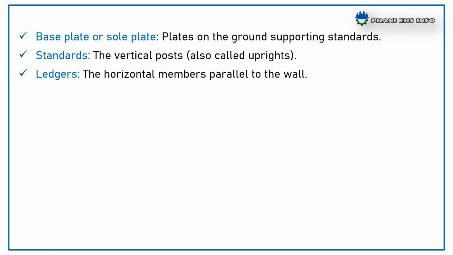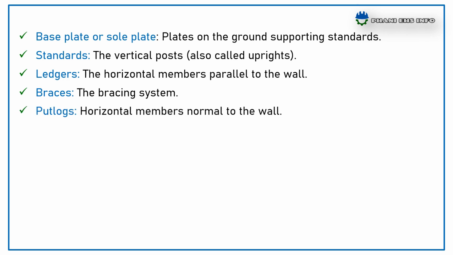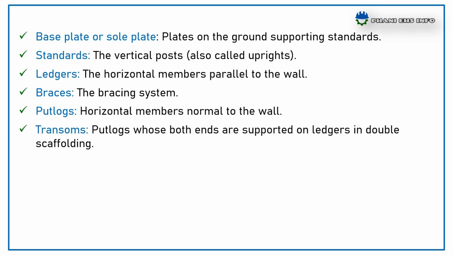Ledger, the horizontal members parallel to the wall. Braces, the bracing system. Putlogs, horizontal members normal to the wall. Transoms, putlogs whose both ends are supported on the ledgers in double scaffolding.